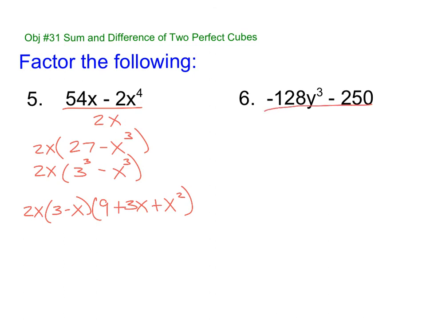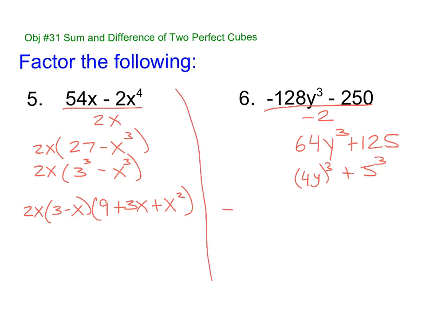All right. What is the GCF here? I'm going to go with -2. Pretty sure I'm right. 64y cubed plus 125. So that's 4y to the third plus 5 to the third. So I got my -2 out front.